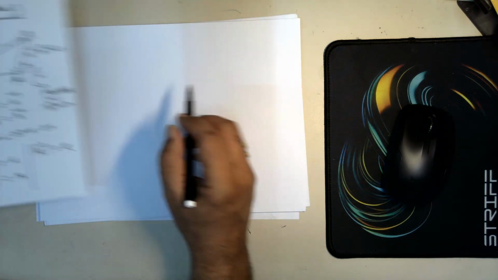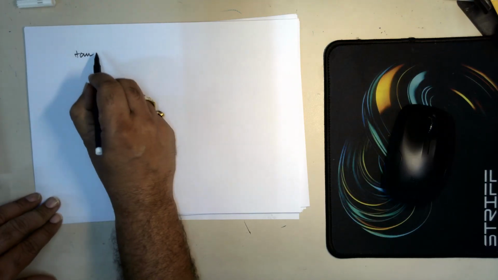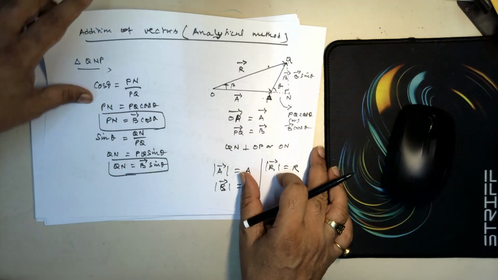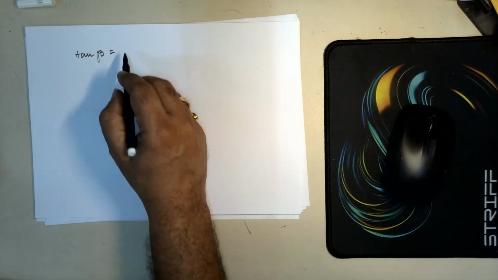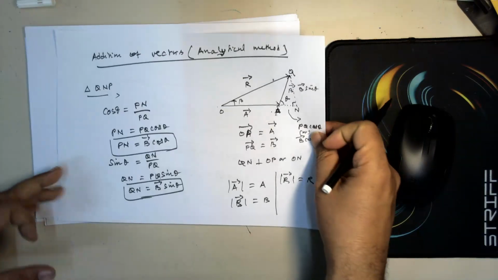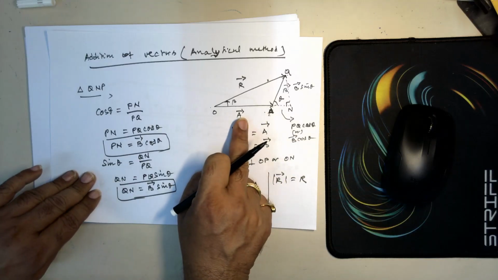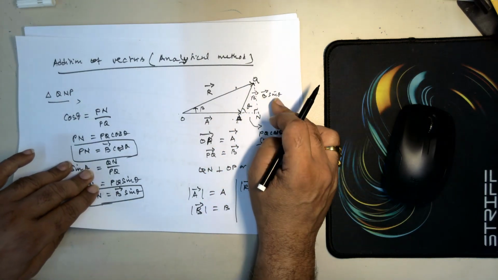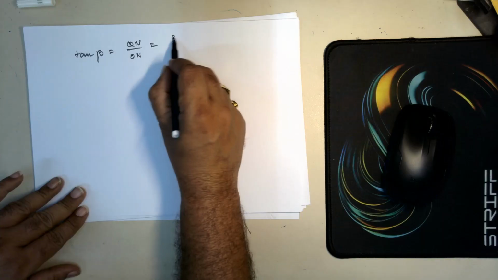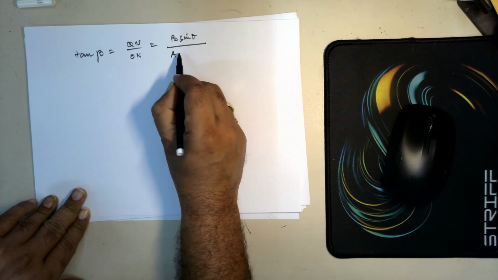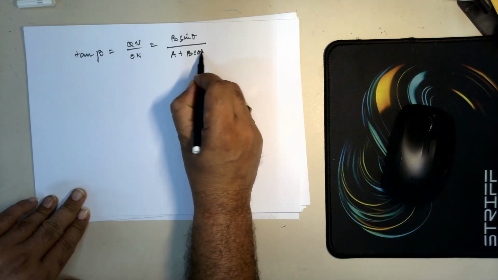So what is tan beta? Tell me from this. Opposite by adjacent. So QN by ON, right? So QN divided by ON. What do you mean by ON, which is nothing but A plus B cos theta, right? So what is QN here? QN is nothing but B sin theta. Therefore, B sin theta divided by A plus B cos theta.